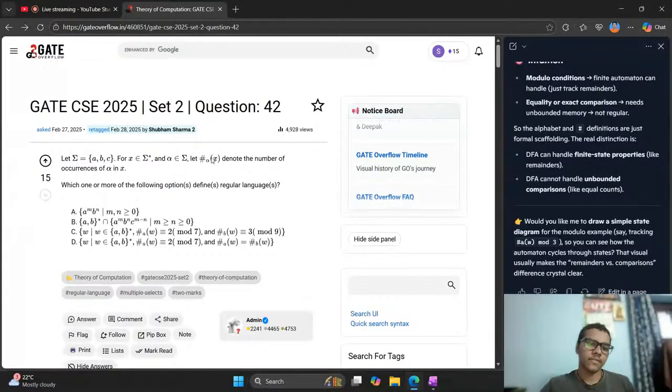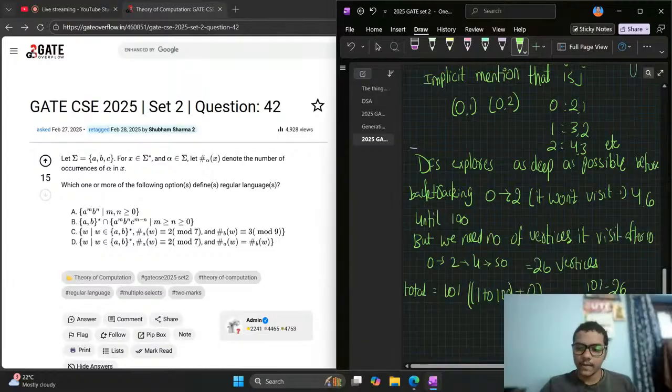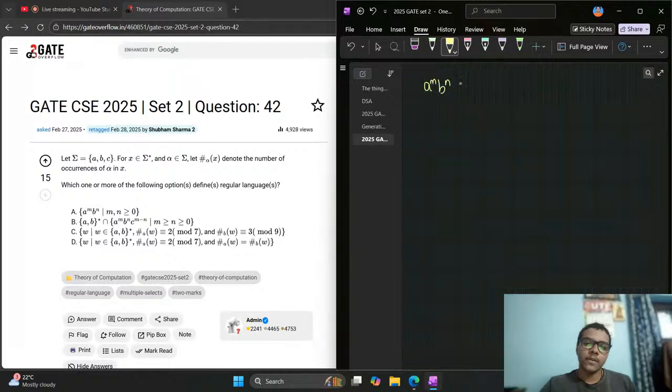This means a counting function, denoting the number of occurrences. Let's see, what does this mean? A power m, b power n, any a's and b's. Finite.